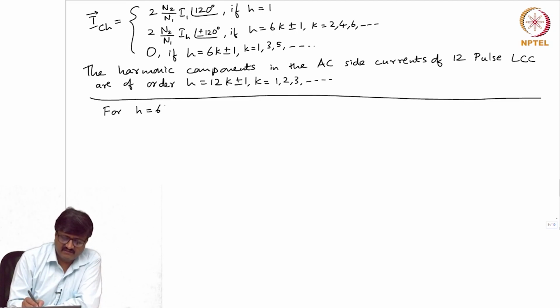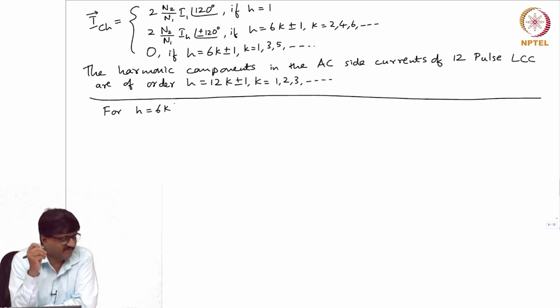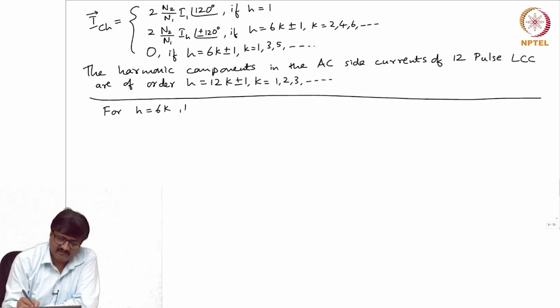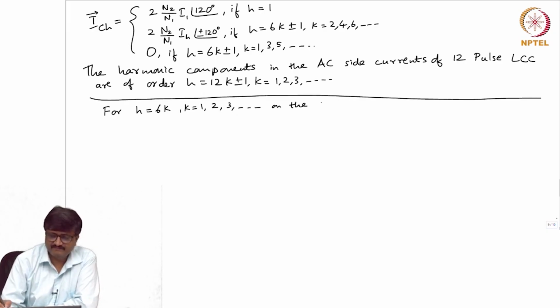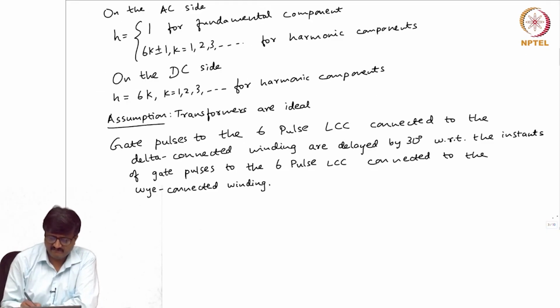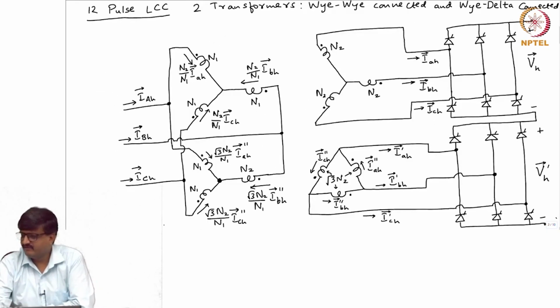So, we are considering only harmonics, H is equal to 6K for K equal to 1, 2, 3, on the DC side. Now, even in the figure we have used this notation VH and VH prime. I said that we are using this notation for, what is this notation standing for, VH or VH prime?